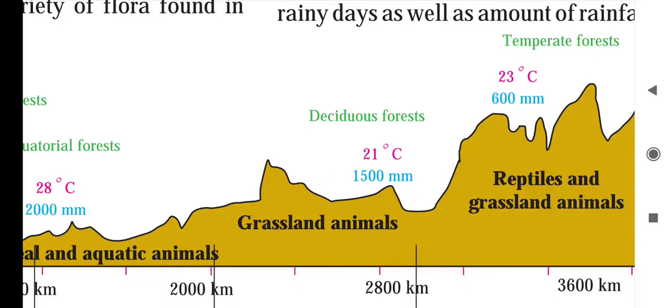Now children, there might be one question in your mind. Here I told you reptiles and grassland animals. In this area, mostly the grassland and deciduous forest region, mostly grassland animals are found. Now what are grassland animals?